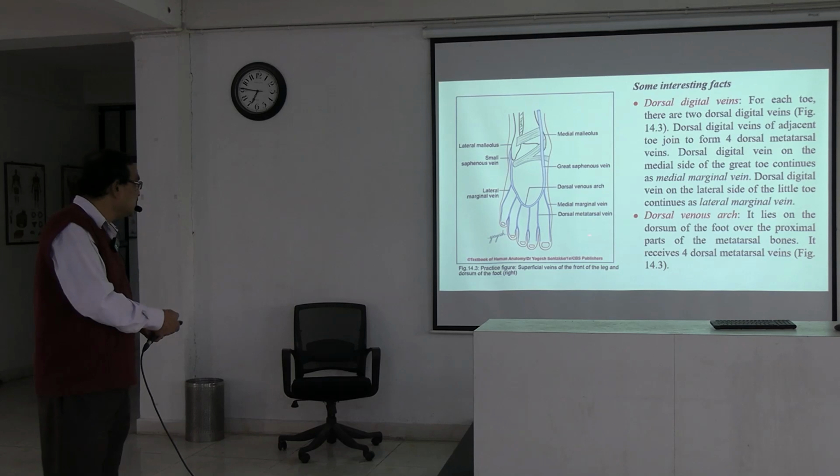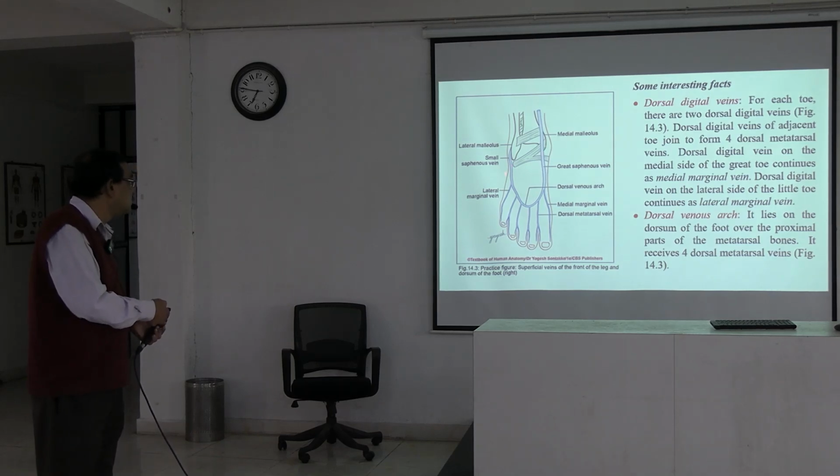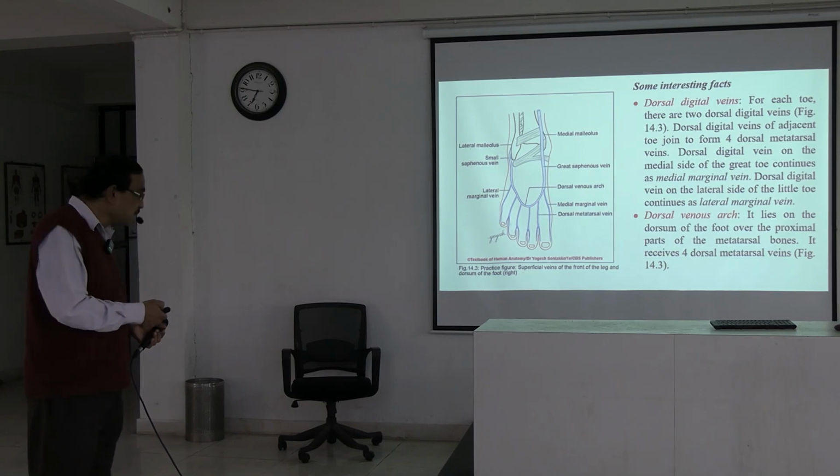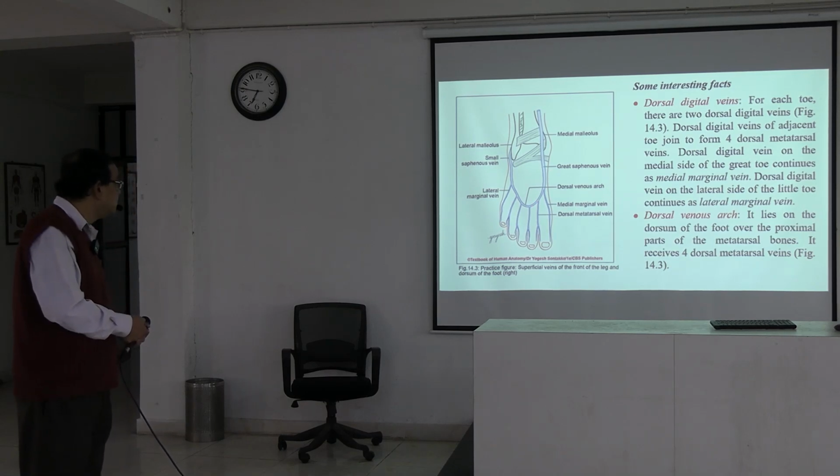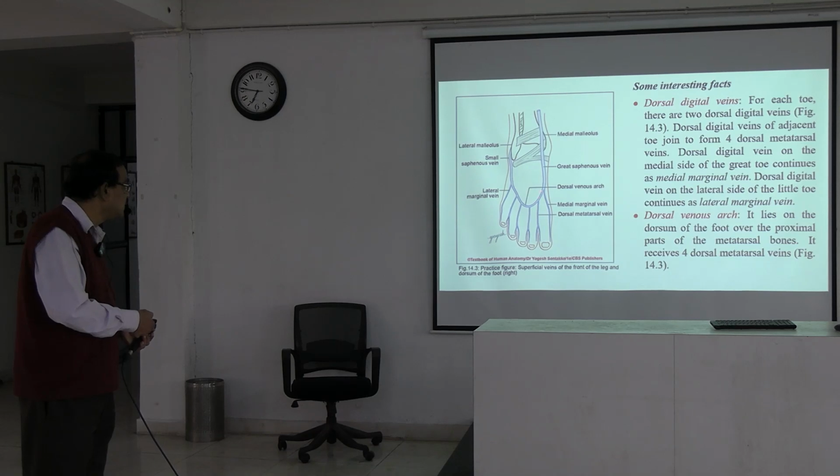Similarly, in the dorsum of the foot we can also see a dorsal venous arch. And basically it is formed by the digital veins from adjacent sides of the digits. These digital veins form the dorsal metatarsal veins. The 1, 2, 3, 4 dorsal metatarsal veins unite to form an arch which is called the dorsal venous arch.